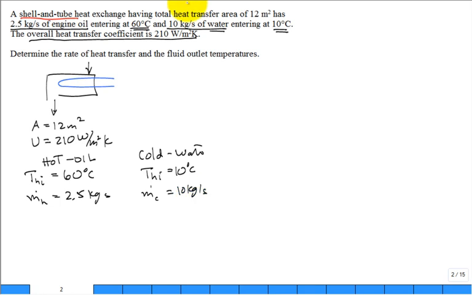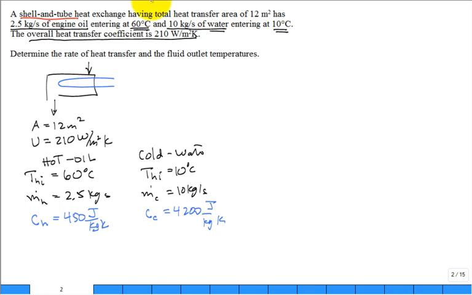Well, with a little work, I can look up the specific heat of the oil, the hot fluid. The specific heat is around 450 joules per kilogram Kelvin. And the specific heat of the cold fluid, the water, is around 4,200 joules per kilogram Kelvin.